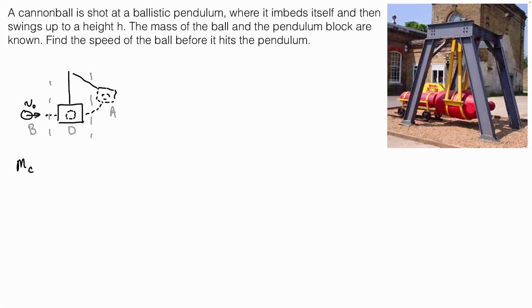And the pendulum block itself, right? Mass of the block. So this is the mass of cannonball, just to spell it out so I remember. This is the mass of pendulum, M sub P. I'm changing my mind on my subscripts here. M sub P, mass of pendulum. Okay, so we know those things.